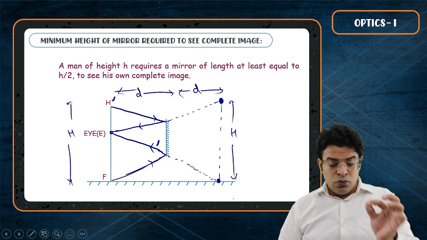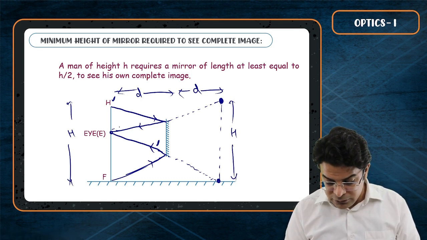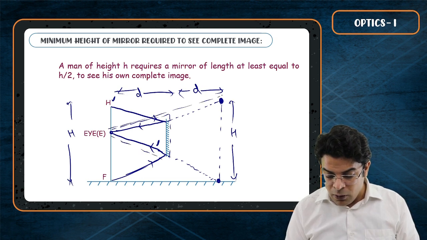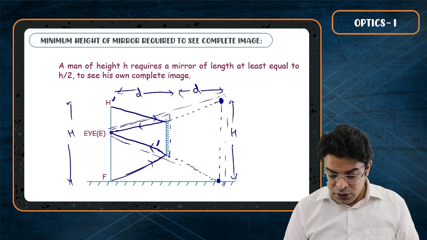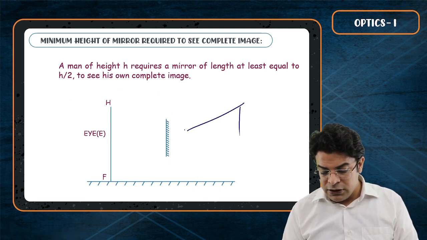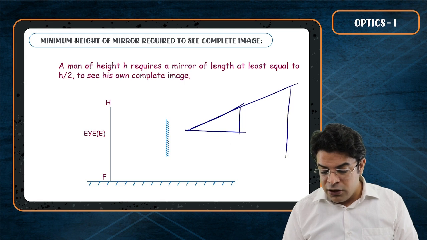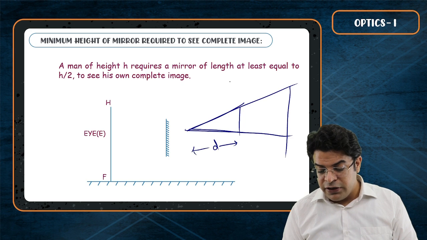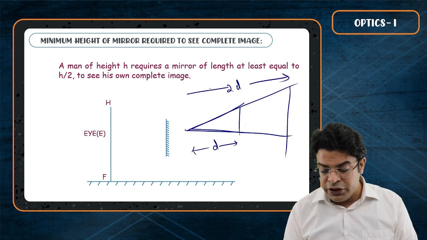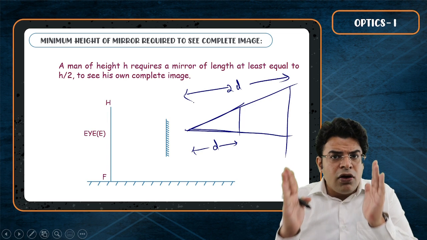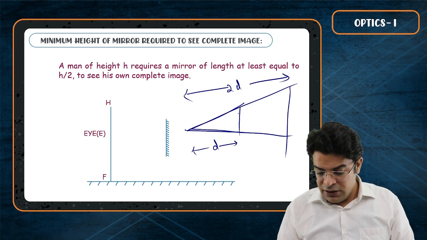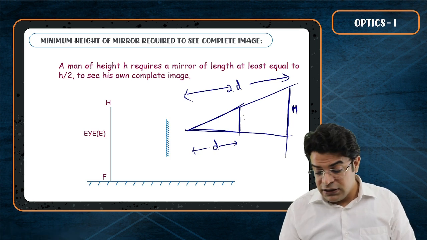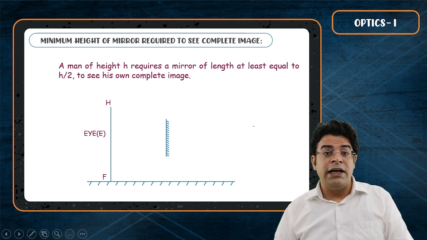So now look at two similar triangles, this one, the smaller one, and then the bigger one. These two similar triangles have the same internal angles, but the smaller triangle has a length d while the bigger triangle has a length 2d. Since the height of the bigger triangle is double, its base length will also be double. So if the base length of the bigger triangle is h, then the base length of the smaller triangle has to be h by 2.